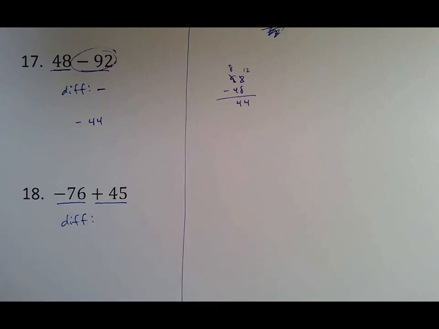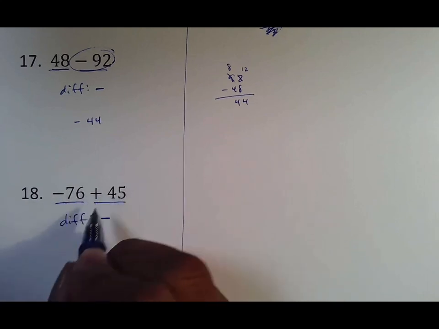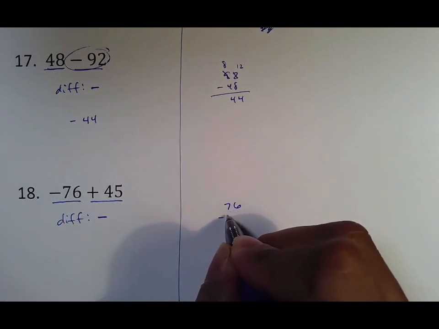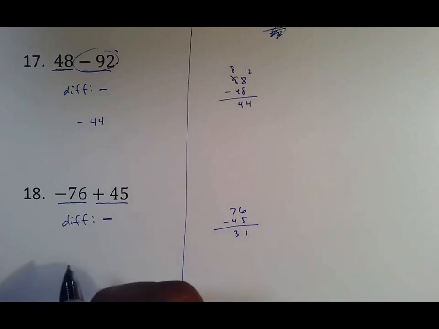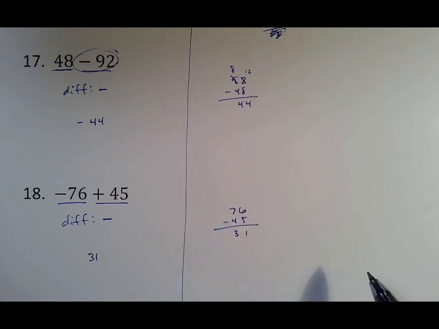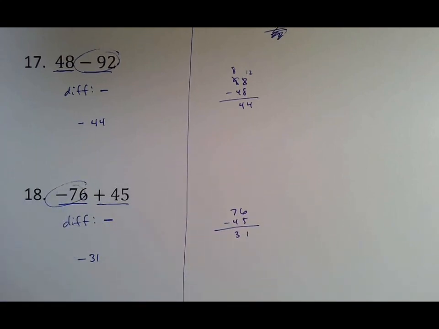If they are different, what do we do? It has to become automatic. You recognize they're different, you automatically know you subtract, so set it up. Bigger number minus smaller number. 6 minus 5 works, 7 minus 4 works, 31 is it. We did not have to borrow because you could actually line this up that way. Bigger number 76, our answer is going to be negative 31.